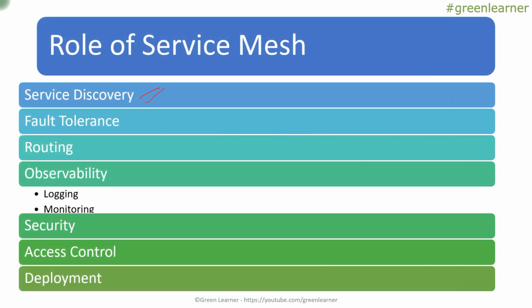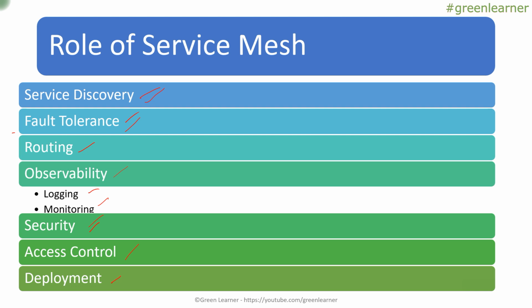So that logic from the main service is now in the sidecar proxy. Second, in the same way, fault tolerance: if any error is coming in the main service, all of these things are taken care of by fault tolerance. Routing, observability, logging, monitoring, security, access control, deployment, all of these are taken care of under the sidecar.